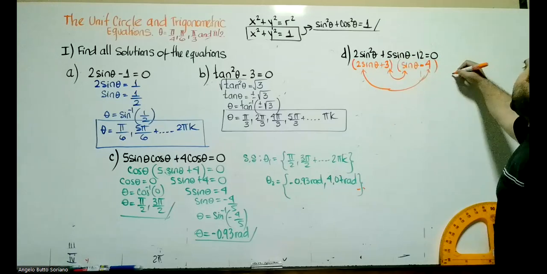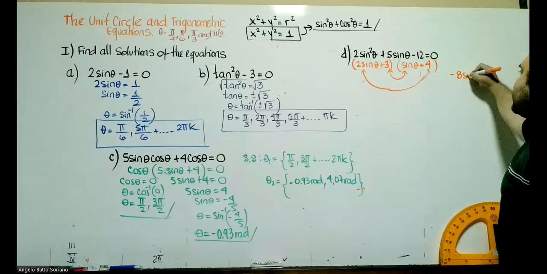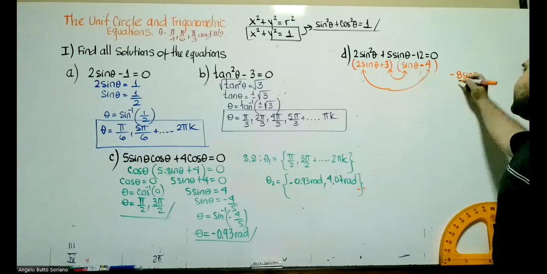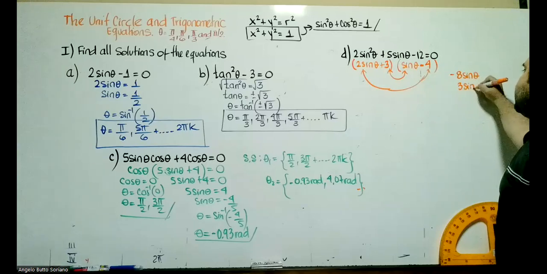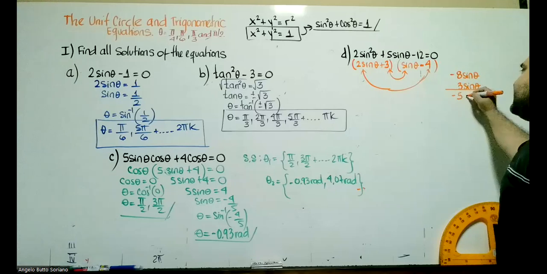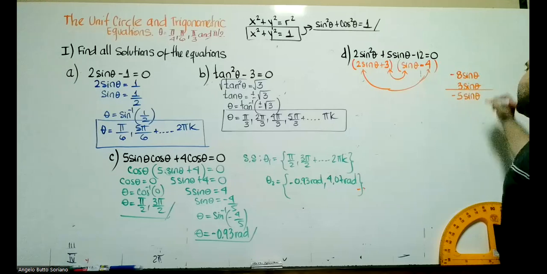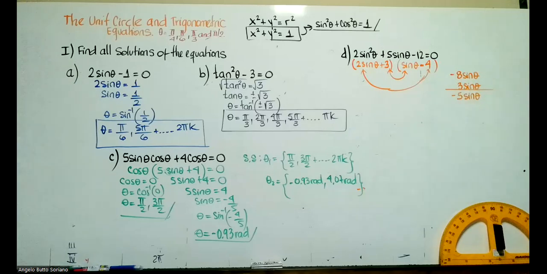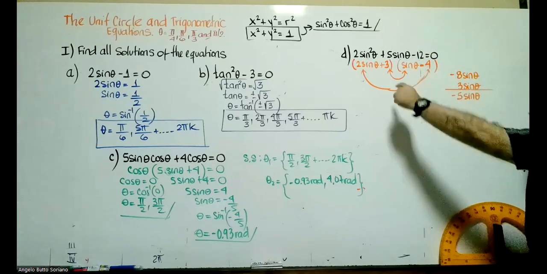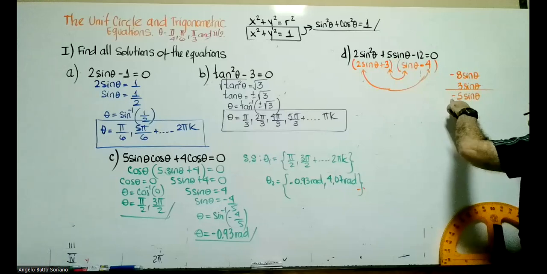2 times negative 4 will be negative 8 sine theta. And the other one, 3 times sine theta, will be 3 sine theta. And negative 8 plus 3 will be negative 5 sine theta. Almost. We got 5 sine theta, but the difference is that this is positive and the result should be negative.